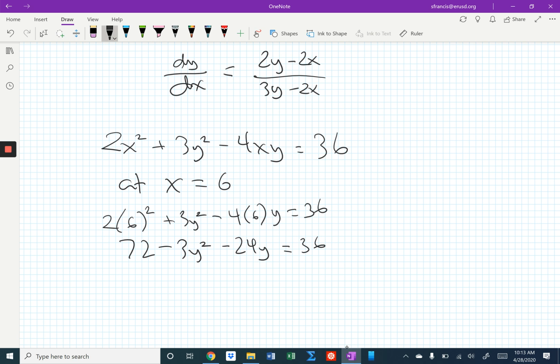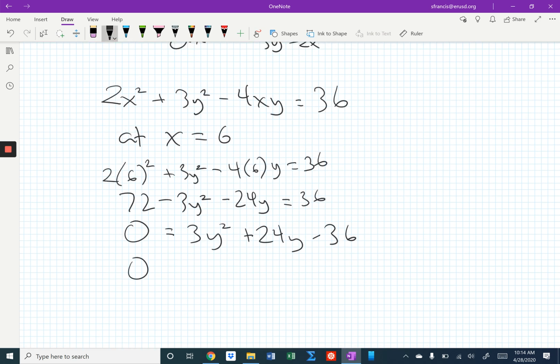And so this is a quadratic. I'm going to move everything over to that side. So I get a positive 3y squared plus 24y equals minus 36, when I subtract 72, 36 minus 72 is negative 36. I could divide by 3, so that makes the numbers smaller.